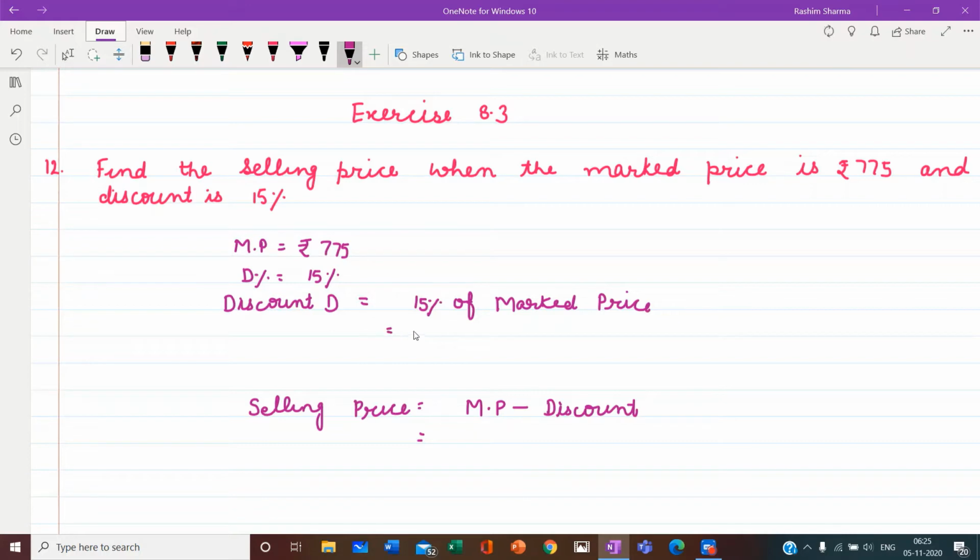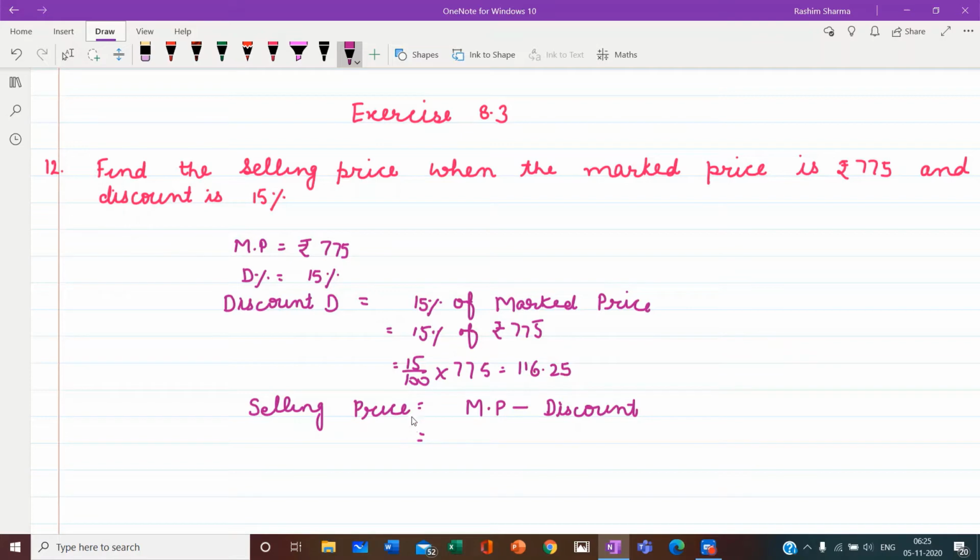Okay, so when we calculate 15% of rupees 775, it will become 15 upon 100 into 775. Okay, so our value comes 116.25.